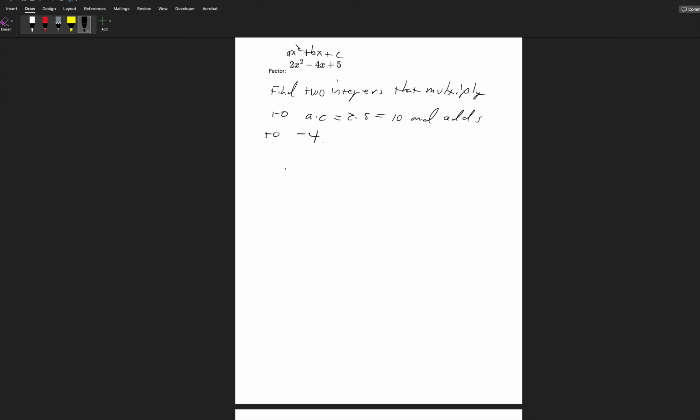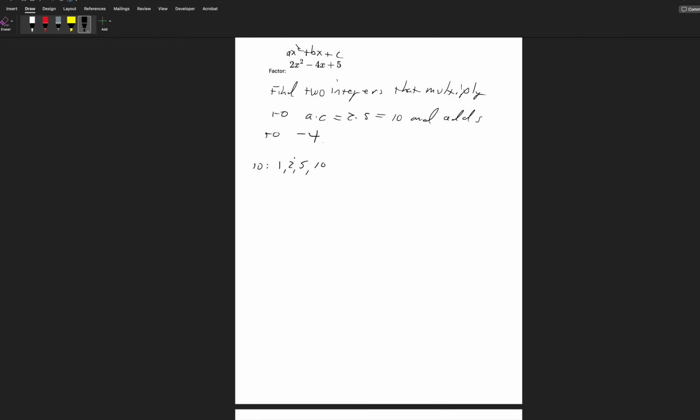Now, what are our options? This one is not as obvious, perhaps, right? So we list out the factors of 10. How do we get to the factors of 10? Well, we just see what integers divide into 10 evenly: 1, 2, 5, and 10.